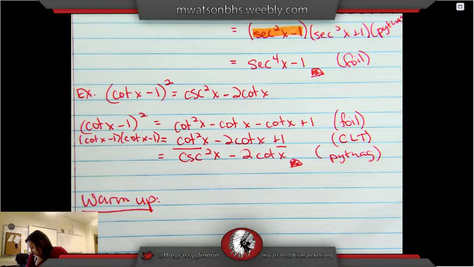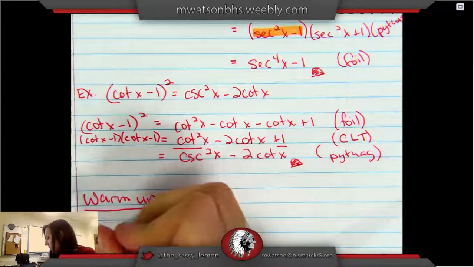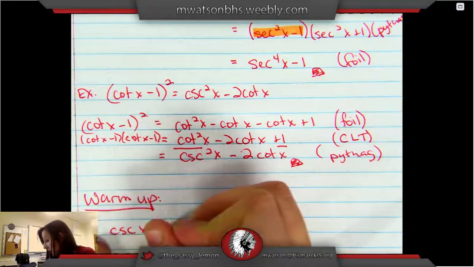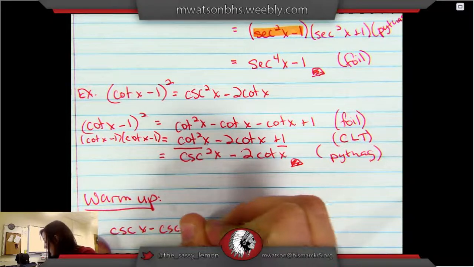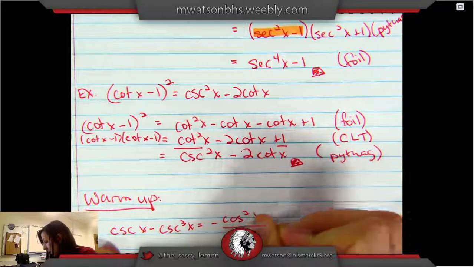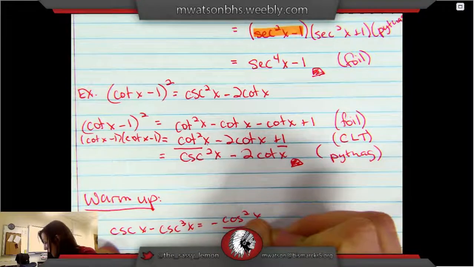Ooh, that one would be yucky. Let's do, I like this one right here. Okay, we're going to do cosecant x minus cosecant cubed x equals negative cosine squared x over sine cubed x.